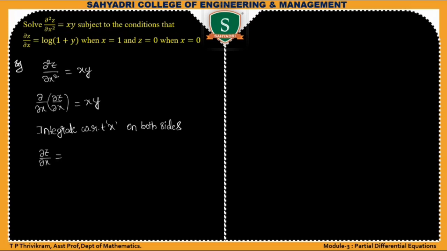Dou z by dou x is equal to y is constant, integral x dx. Okay, plus otherwise I'll write in the next step. So dou z by dou x is equal to y integral x, that means x square by 2 plus f of y, f of y is integrating constant. Okay, so now again integrate with respect to x on both sides.